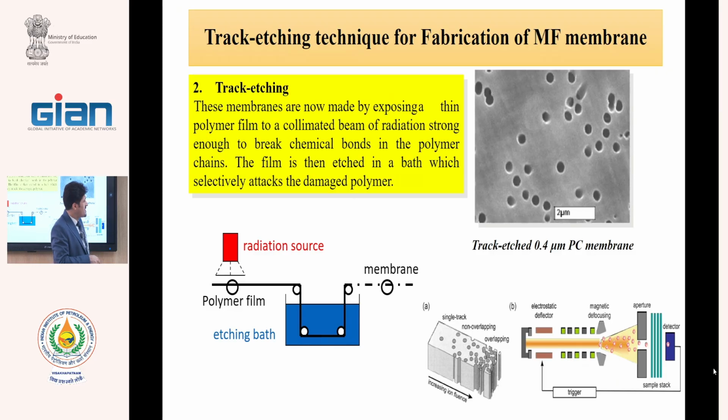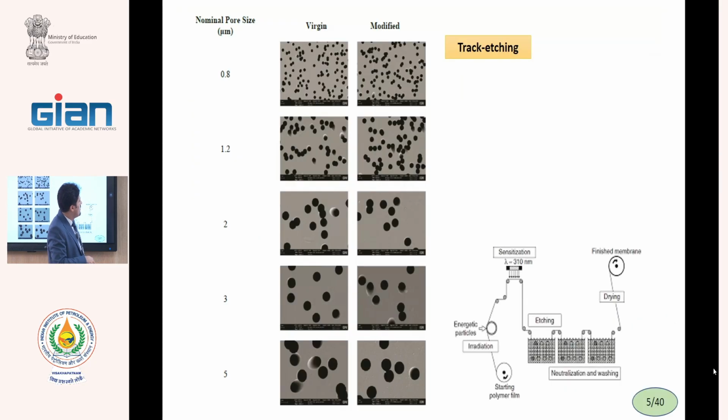This is special: we have a cylindrical pore, and we can reduce the pore size within the microfiltration range. We have 800 nanometers. We can reduce the size, and the pore size is narrow.